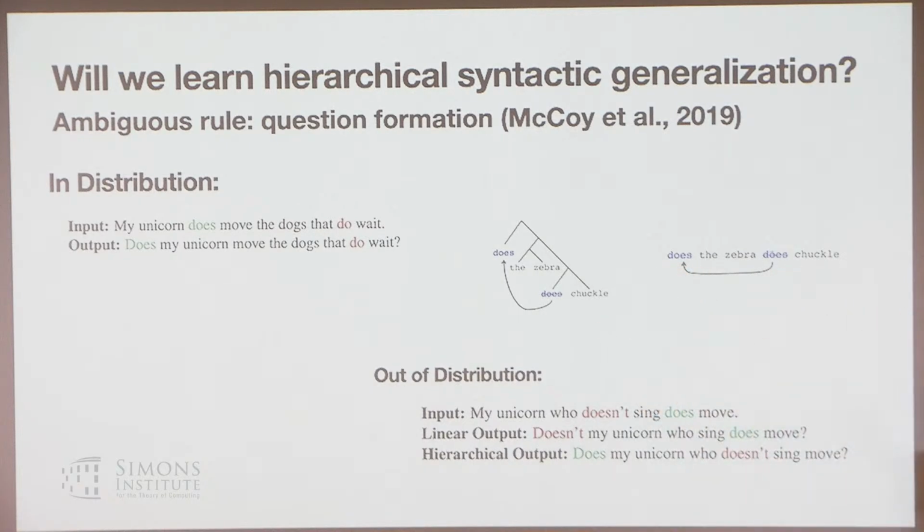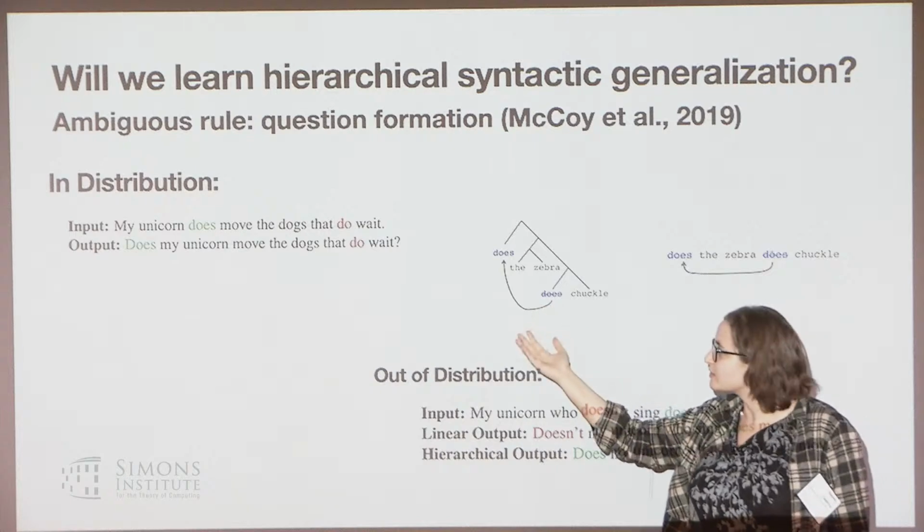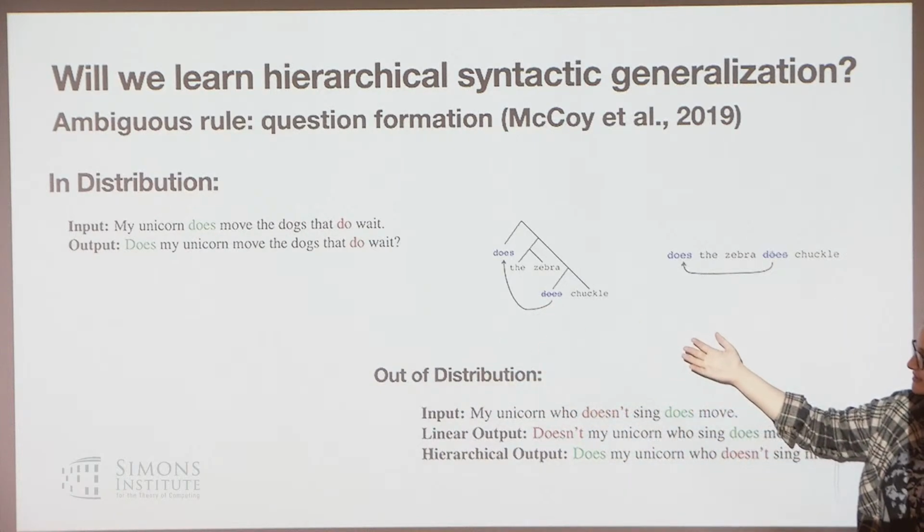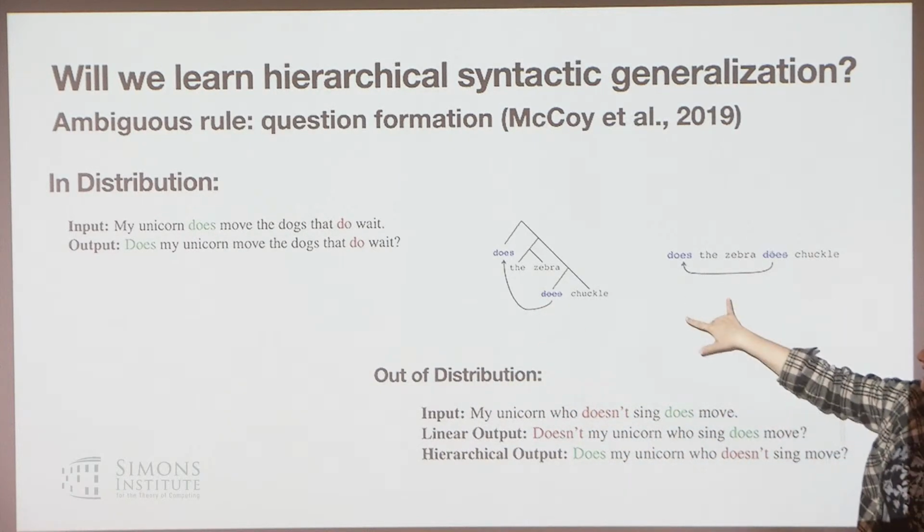So the in-distribution examples are cases where this leads to the same output. My unicorn does move the dogs that do weight. Does my unicorn move the dogs that do weight? That output could be produced by either of these rules.